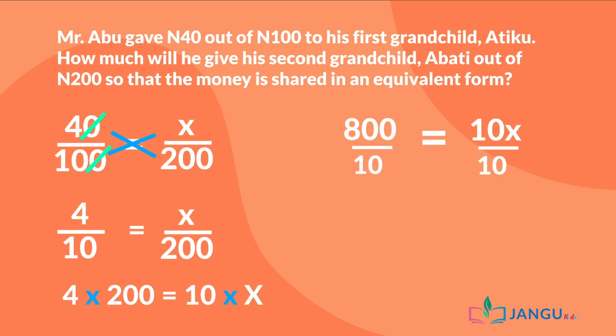Next, we divide both sides by 10, which is the coefficient of X. 800 divided by 10 is 80. 10X divided by 10 is X. Therefore, X is equal to 80.